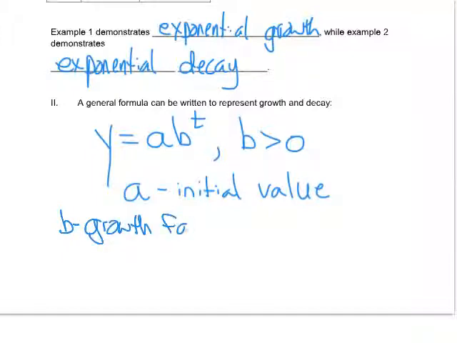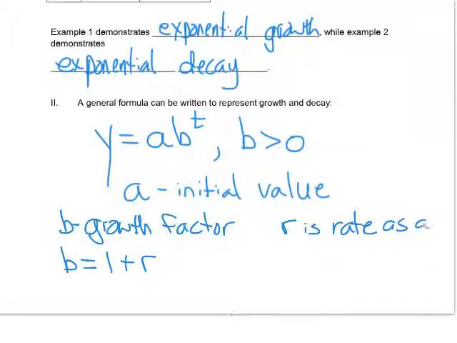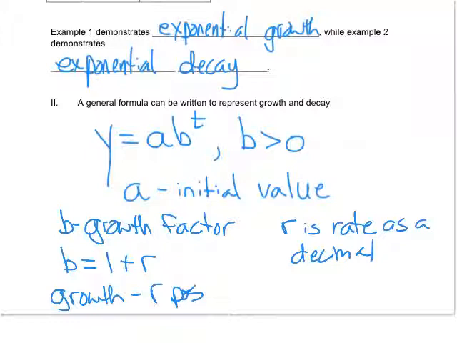The rate is embedded in the growth factor, and to get b, it's going to be equal to 1 plus the rate. So r is the rate as a decimal. If I have exponential growth, then the rate is positive. If I have exponential decay, then the rate is negative.